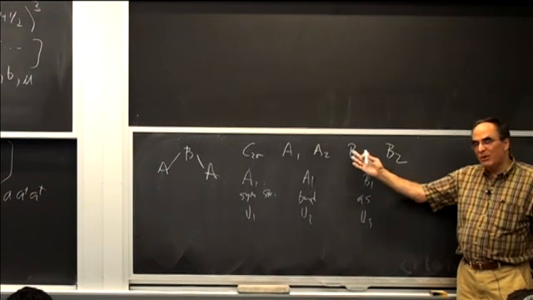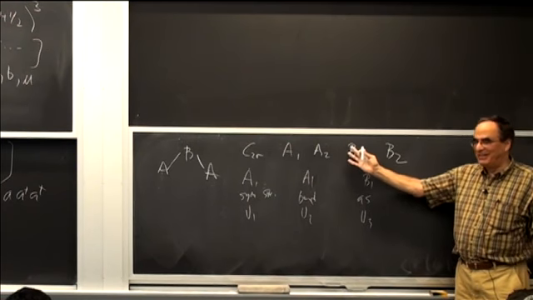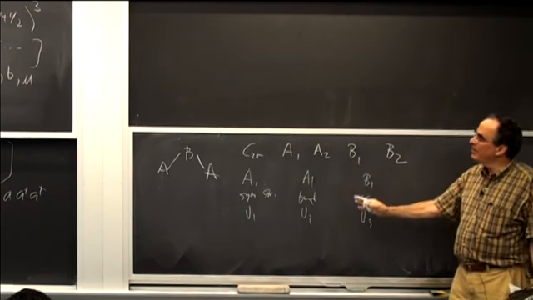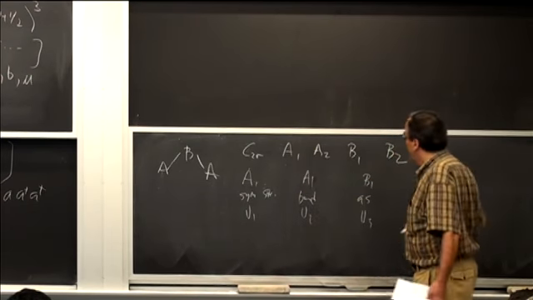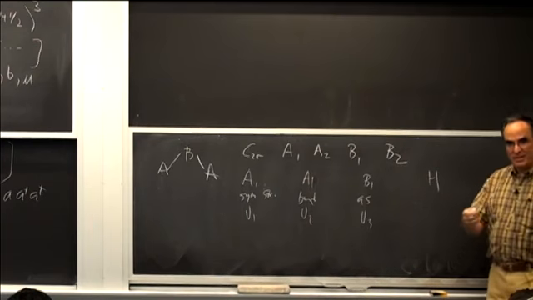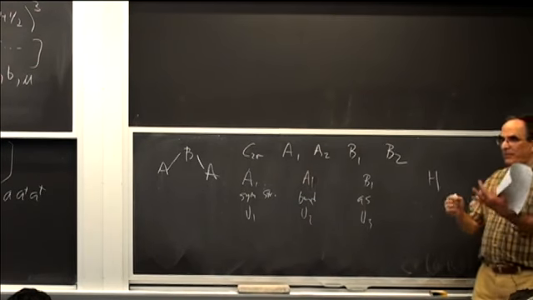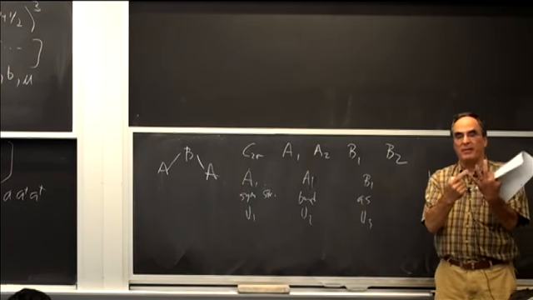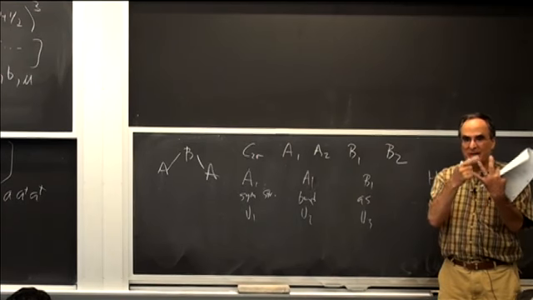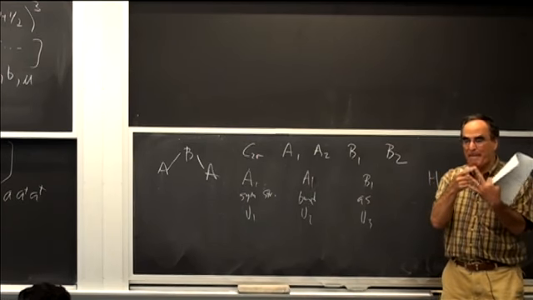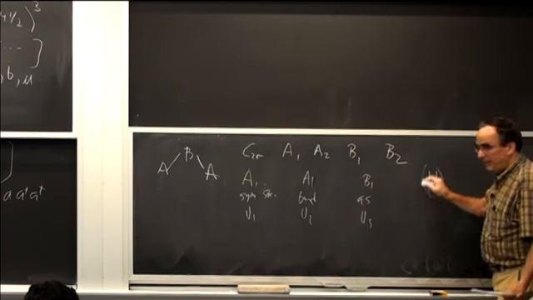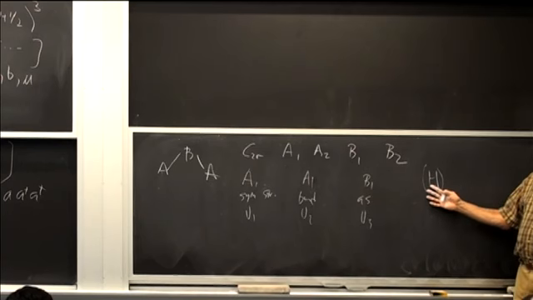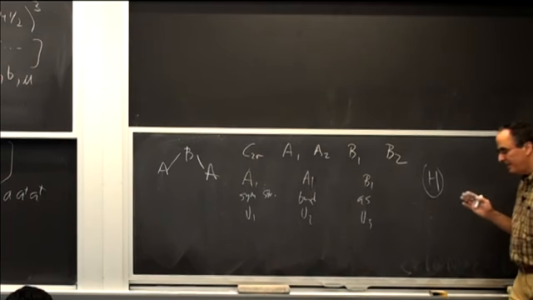Okay, so if you don't know group theory, you will learn it. But the important thing is this is called the totally symmetric representation. The Hamiltonian is totally symmetric.